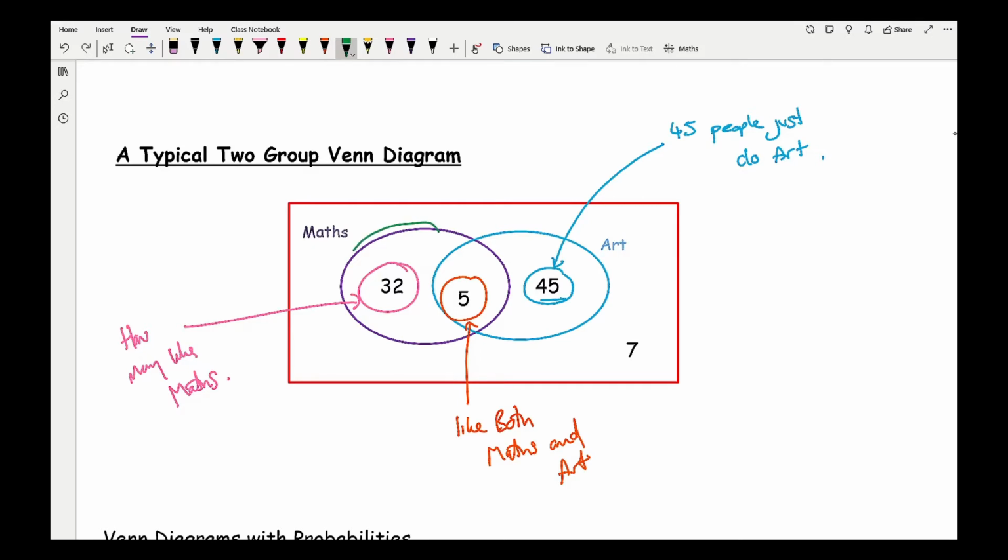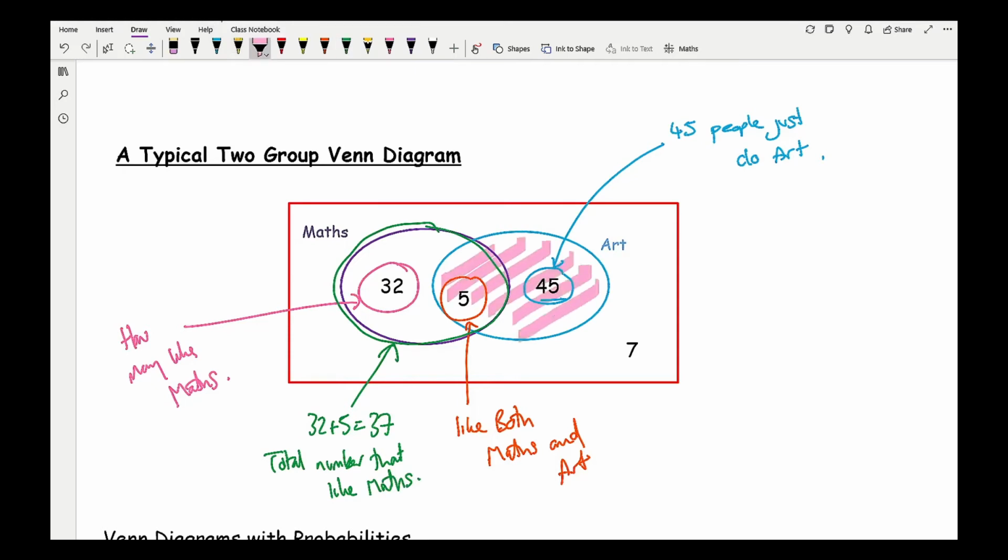And this entire circle would be 32 plus 5, which equals 37, or basically the total number that like maths. Likewise, if I highlight all of this, then the total number of art would be 45 plus 5, which is 50.